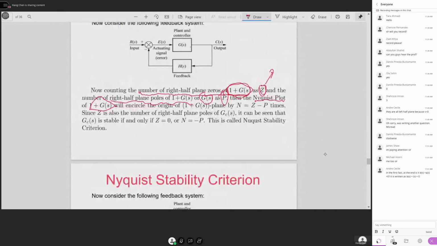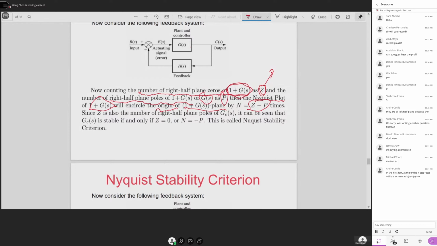I'm going to say that the net number of encirclements around the origin of the 1 plus G of S plane is going to be equal to Z minus P times. You just simply apply the fact that we stated before to the transfer function 1 plus G of S, then this conclusion holds.